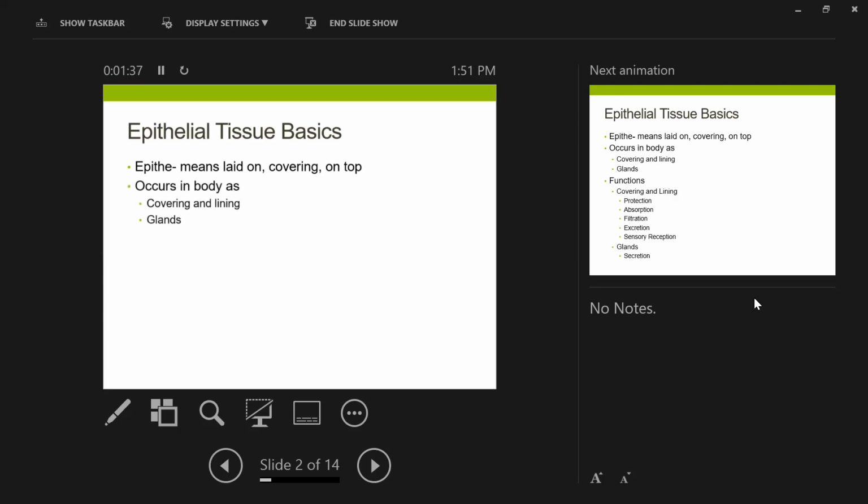This tissue covers your organs. It lines your hollow organs, like your esophagus, your stomach, your intestine. It also makes up glands. And I need you all to really understand this one before we get way too deep into this class. A gland is a structure that secretes something. You have sweat glands. They secrete sweat.